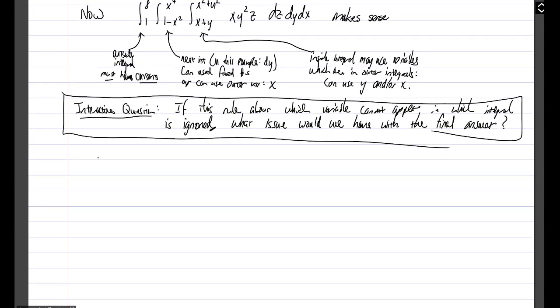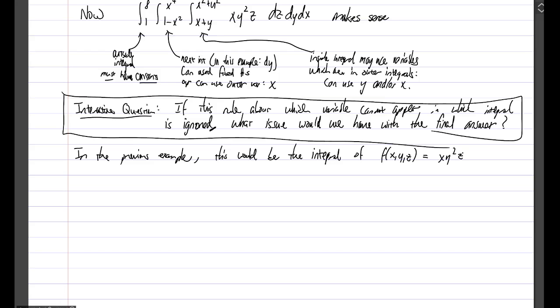And now, let's say that in the previous example, the one at the top of the screen, this would be the integral of a 3-input variable function, so f of x, y, z equals x y squared z, over a 3-dimensional region.